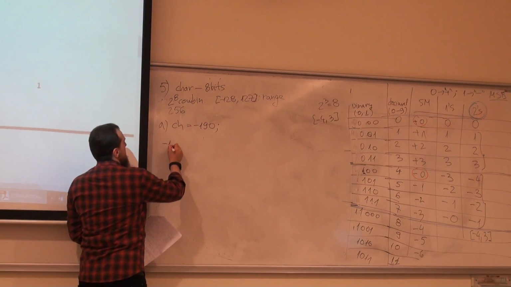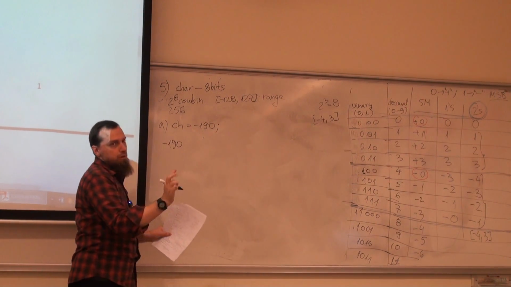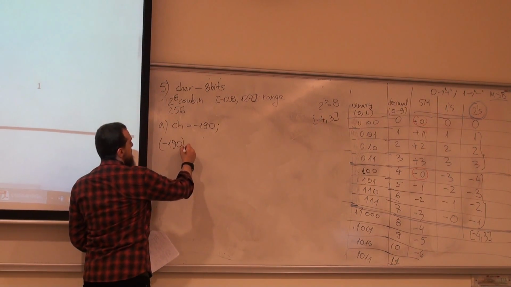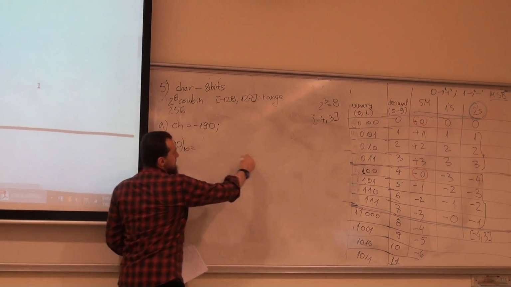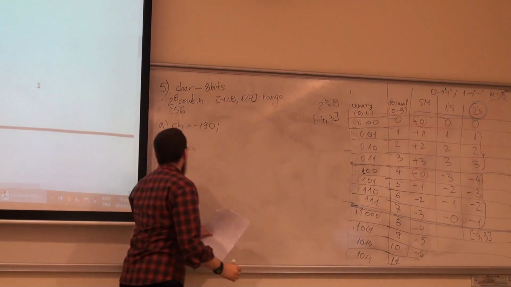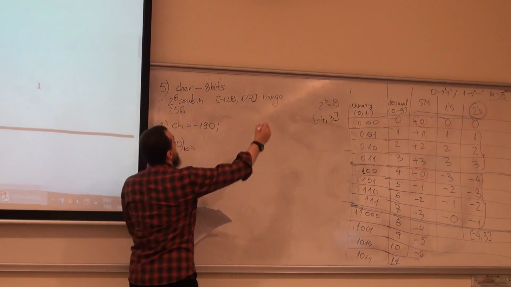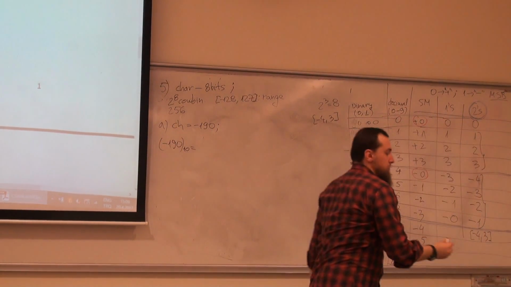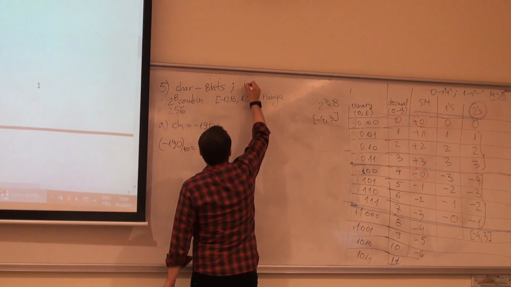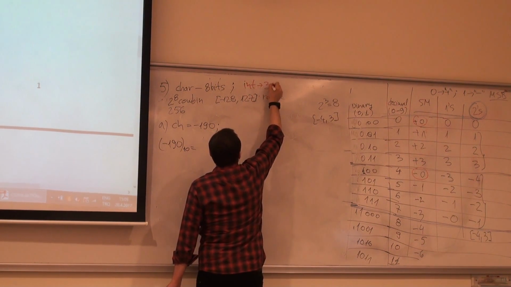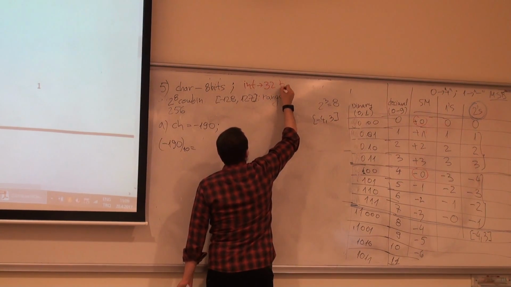Minus 190, of course, we're dealing with a computer here. This is a code. Minus 190, represented by the 2's complement, is equal to, and remember integers have, let me write it here because we're going to need it, 32 bits, 4 bytes.